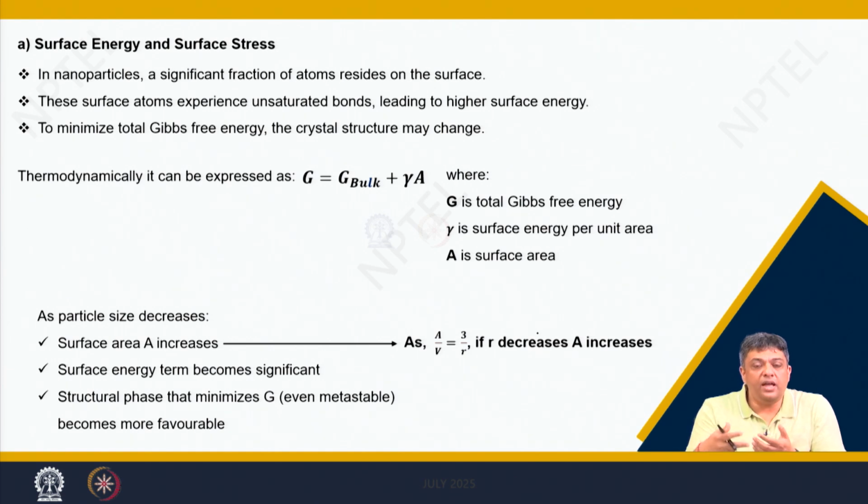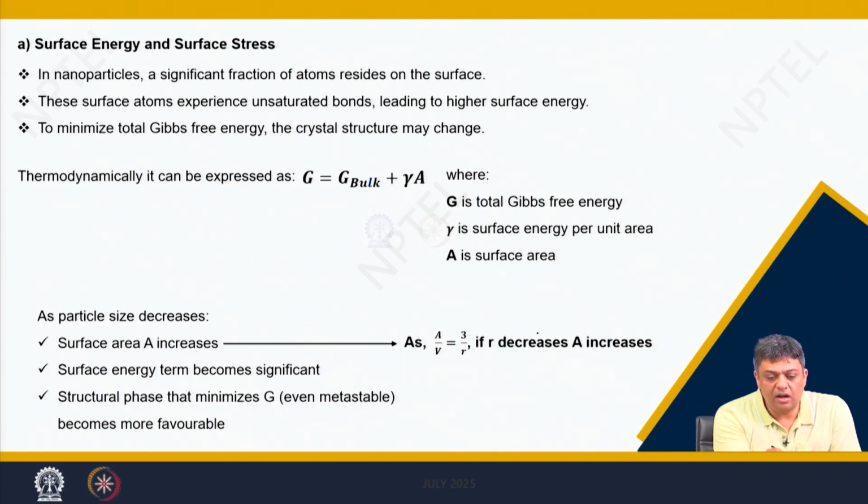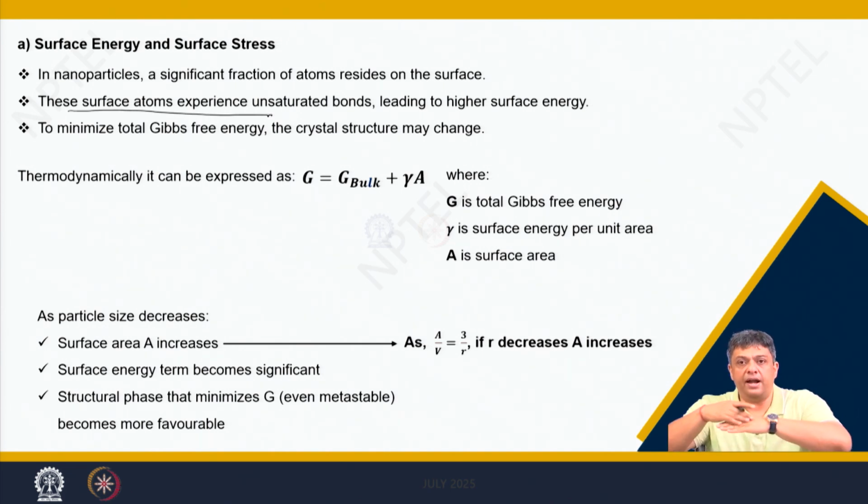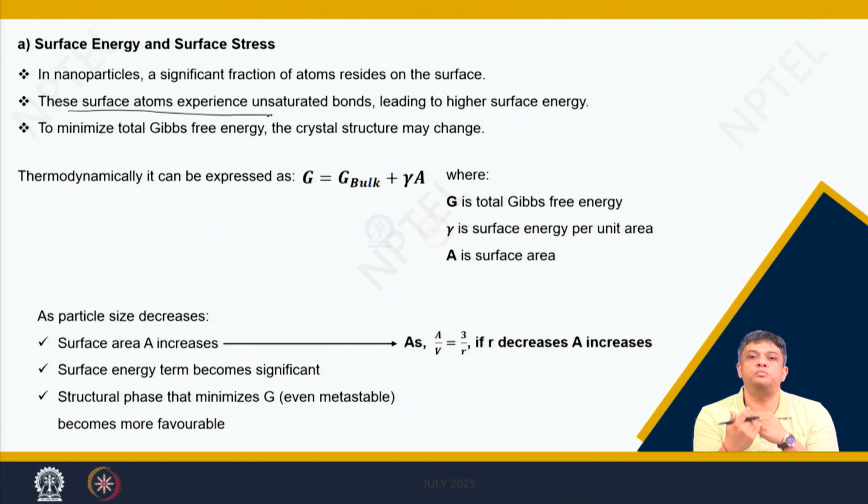In the same lines, if the atoms are on this surface, they experience unsaturated bonds. The atoms on the surface, if you see the bonds, they are unsaturated because there are no atoms outside that, that is the top surface. So, that means these have higher surface energy.